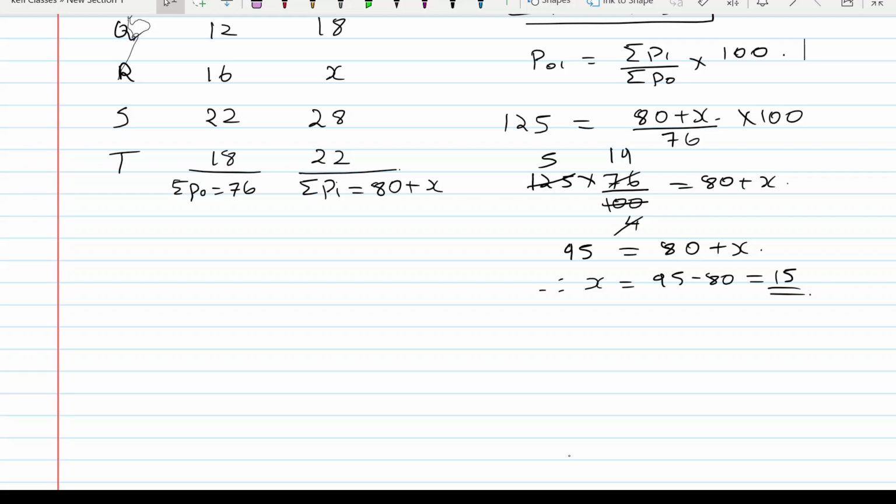So this is A, B, C, D. This question: 95, y. This is how much? 60 or 80? 80.